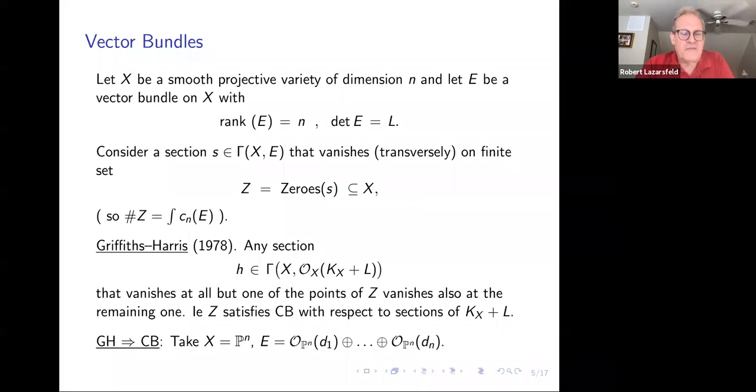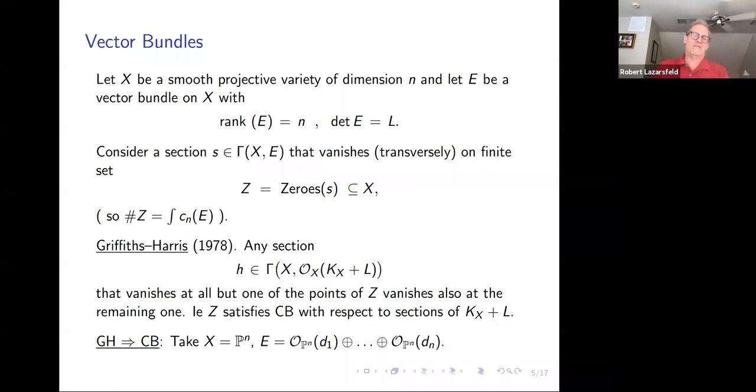So this is the Griffiths-Harris version of the Cayley-Bacharach theorem. And of course, it immediately implies the statement for hypersurfaces, right? Because you take X to be projective space, and you take E to be a direct sum of line bundles.